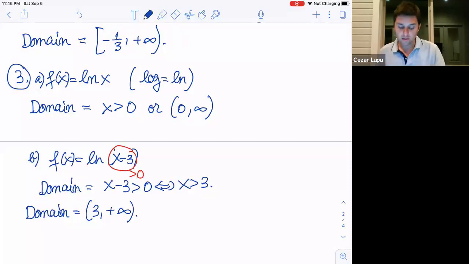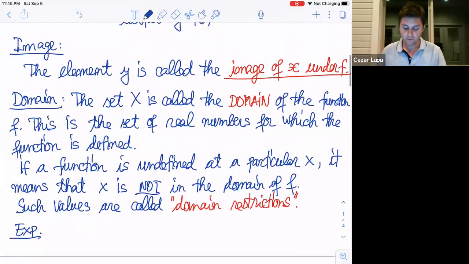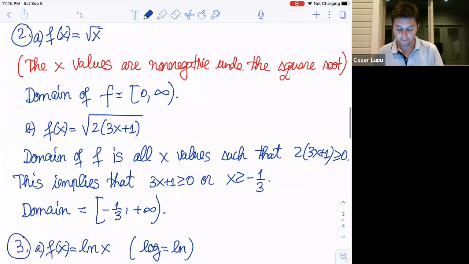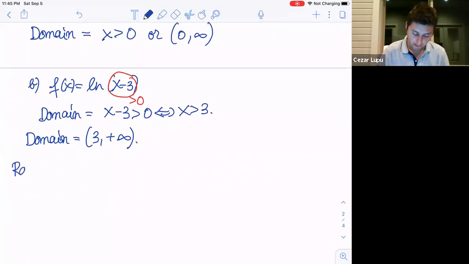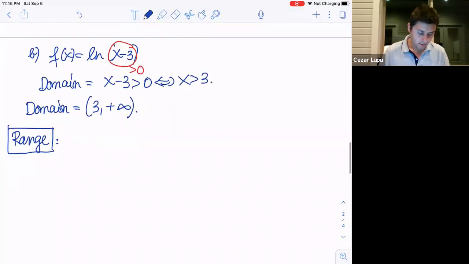And now we've talked about the domain. I would like to say something about the range. Let me draw a picture here so that things are a little bit clearer.